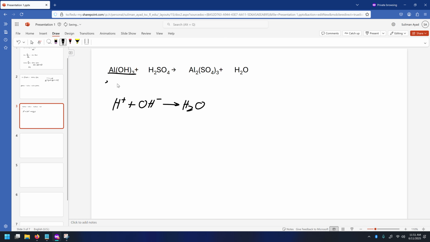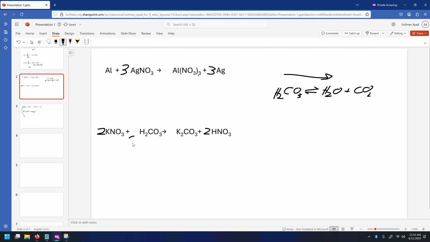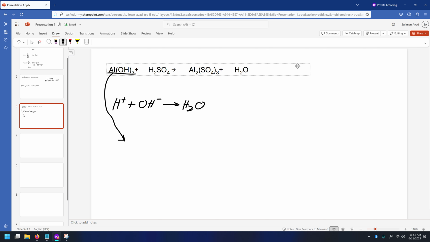The aluminum hydroxide is going to dissociate. Still getting used to that tablet, sorry. The aluminum hydroxide is going to dissociate into 3 OH minuses because we had a subscript of 3 here.